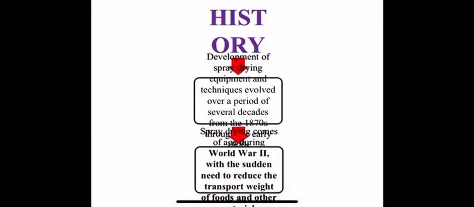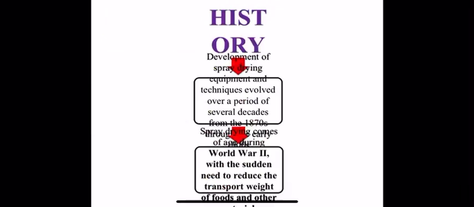Its history is that it was first developed in the 1870s, and during World War II there was a sudden need to reduce the transportation weight of foods and other materials. So the scientists wanted a mechanized system that would decrease the weight of the food.